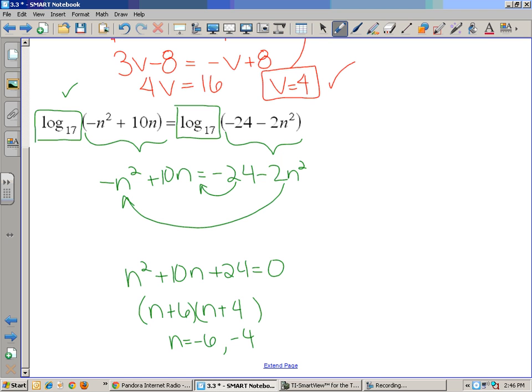Now remember, in order for this to work, I need to plug them into my original and make sure that what was in the parentheses is not negative. So when I plug in -6, I'm going to get -36 minus 60, so -6 is out. Okay? When I plug in -4, I get -16 minus 40.